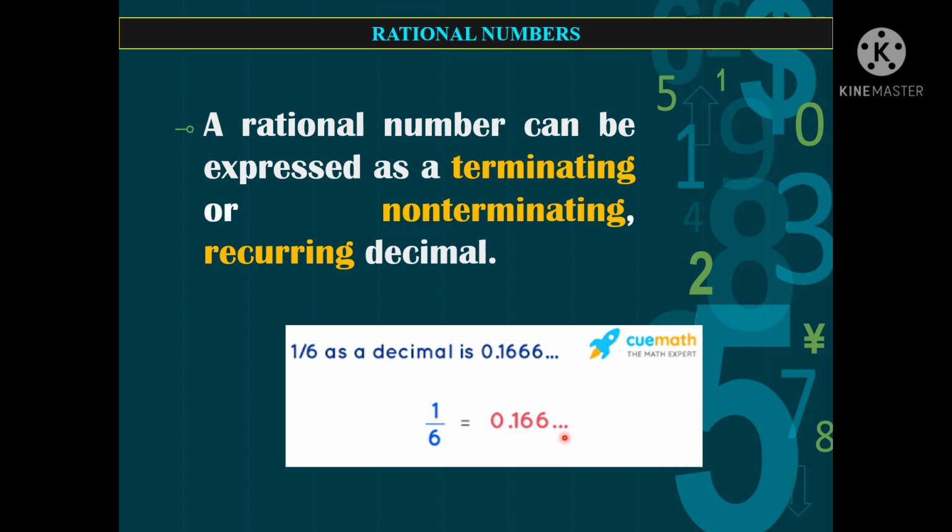It is a recurring decimal also because 6 keeps on repeating infinitely. So this is an example of a non-terminating recurring decimal, and 1/6 is considered a rational number.